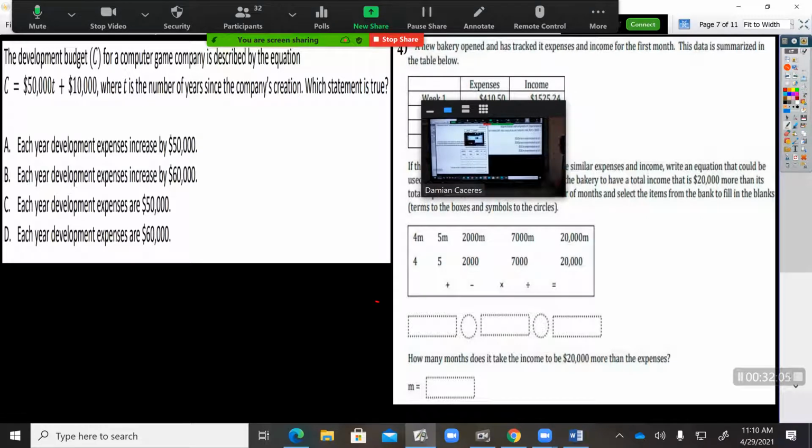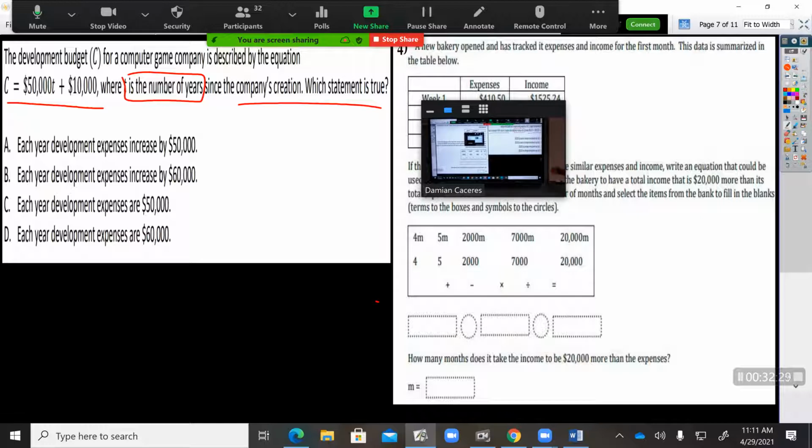So here it says the development budget C for a computer game company is described by the equation C equals 50,000 T plus 10,000. And T is the number of years since the company's creation. Now they're asking which is true. So all these statements kind of look alike, right?